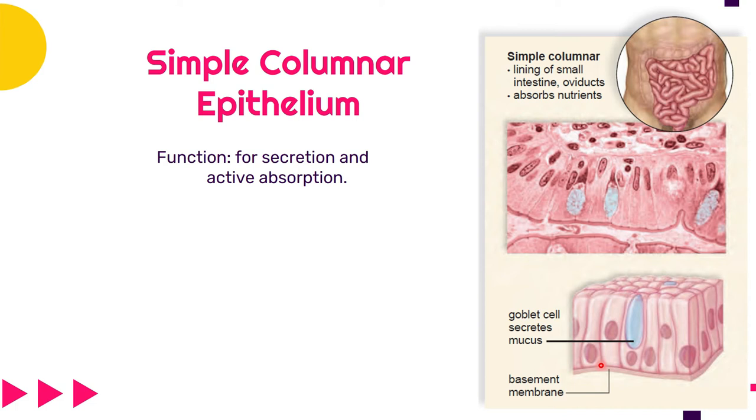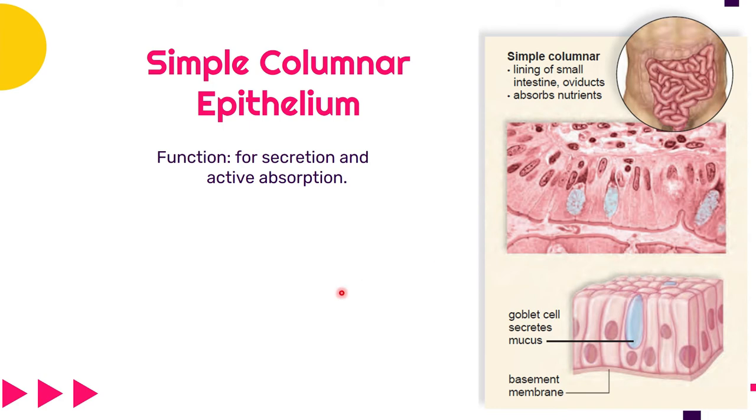We'll talk more about the digestive system then. There is a reason why the cells there are shaped like columns or rectangular. Then also for secretion, because there are what we call goblet cells. Goblet cells secrete mucus, and mucus serves as protection. But I will discuss more about this next semester.